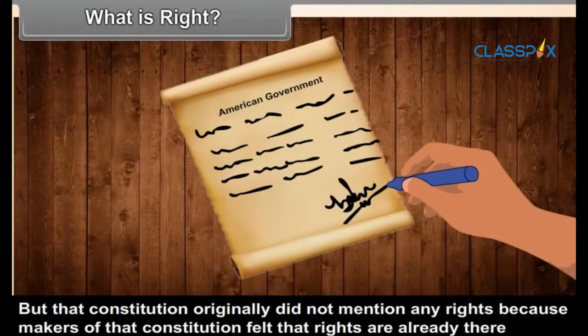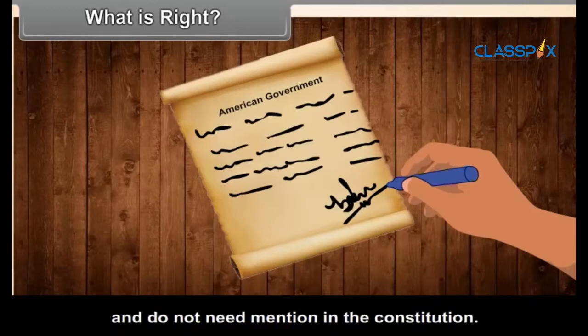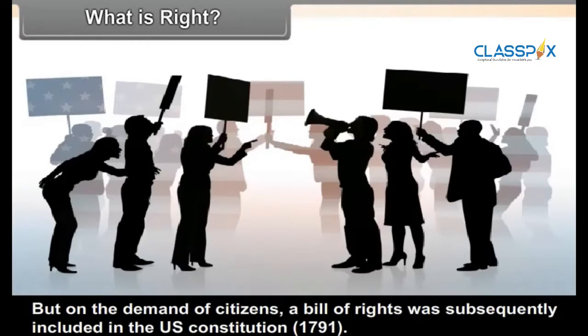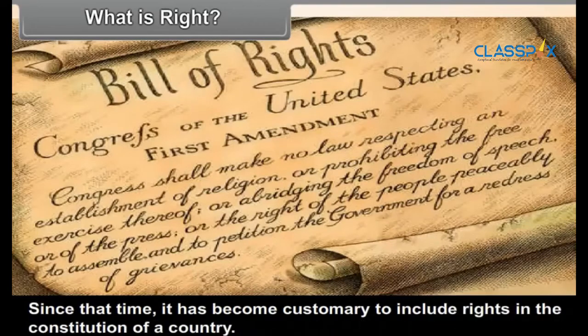But that Constitution originally did not mention any rights because makers of that Constitution felt that rights are already there and do not need mention in the Constitution. But on the demands of citizens, a Bill of Rights was subsequently included in the US Constitution, that is, in 1791. Since that time, it has become customary to include rights in the Constitution of a country.